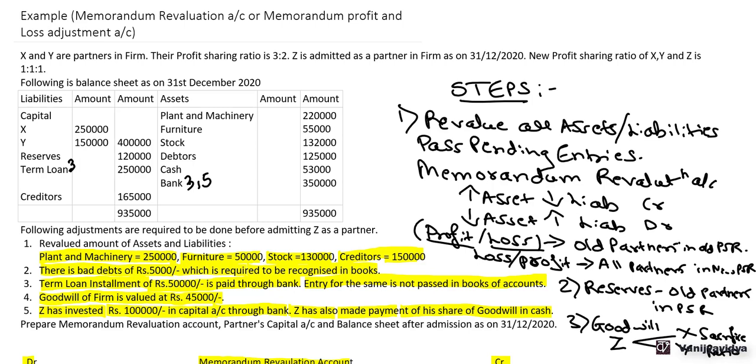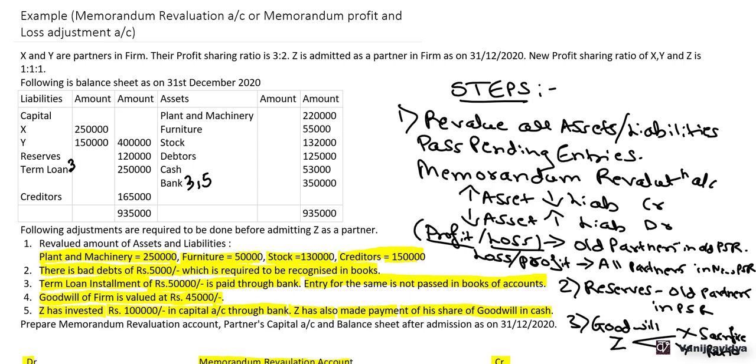So, the entry for this will be cash account debit to Z's capital account. Since we have not raised the goodwill in the books, we have adjusted it through the partner's capital account. We will be crediting Z's capital account for bringing in the cash for goodwill.